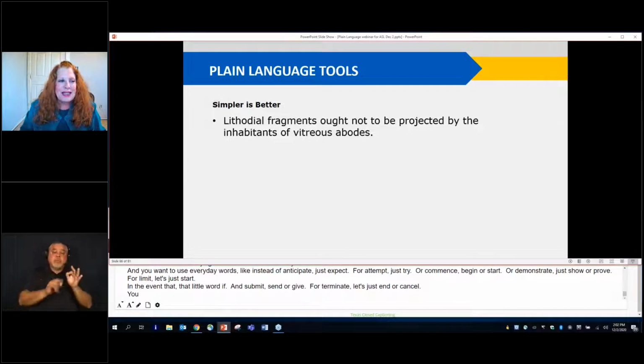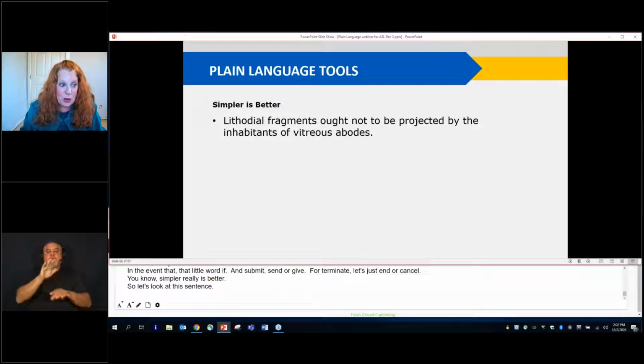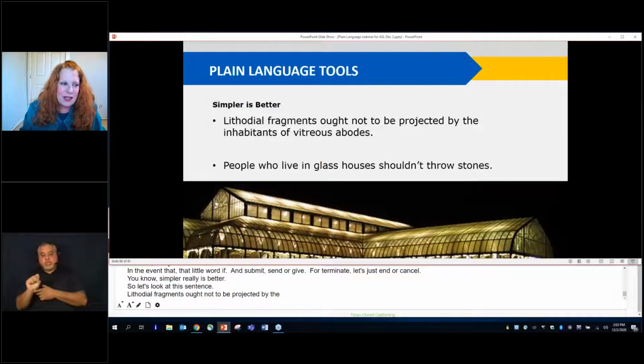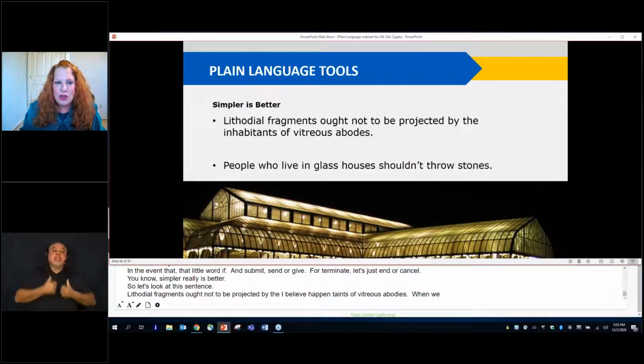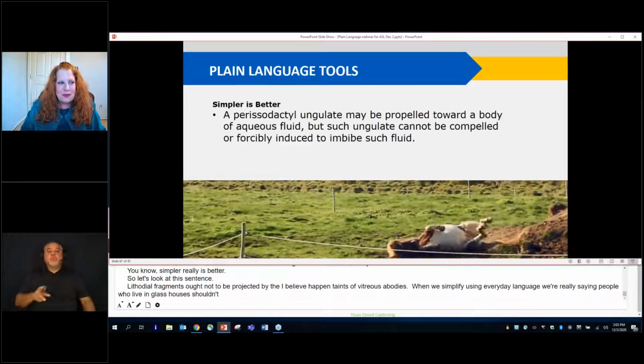So let's look at this sentence. Lithodile fragments ought not be projected by the inhabitants of virtuous abodes. When we simplify using everyday language, we're really just saying people who live in glass houses shouldn't throw stones. Or how about this one?